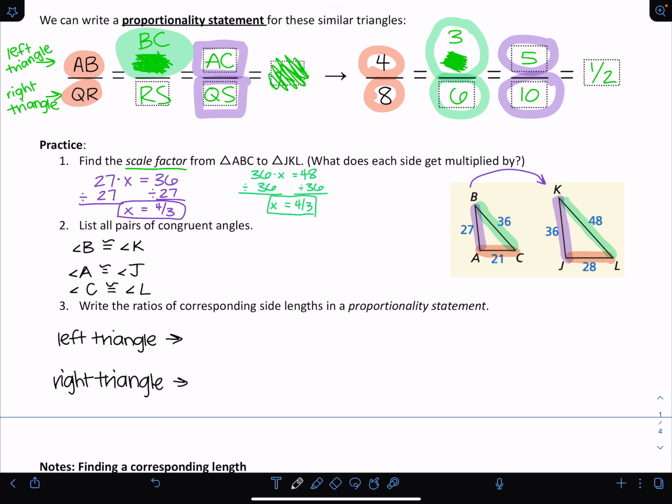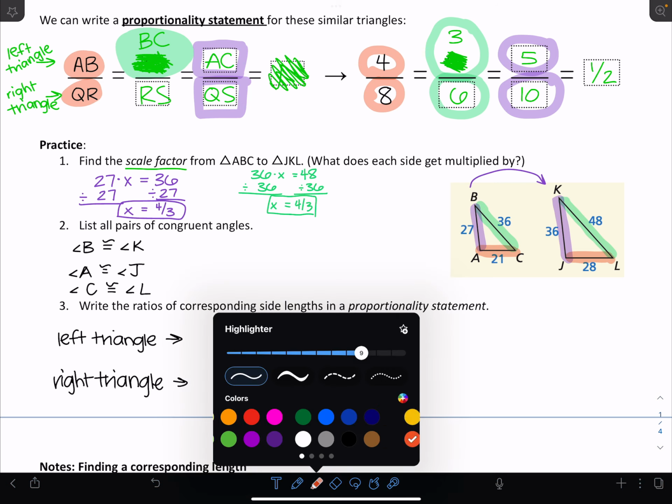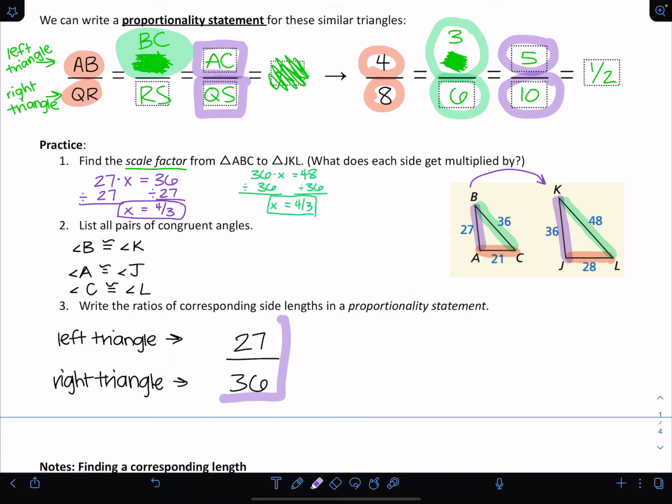So I'm going to write that down for myself just to make sure I don't confuse things. I'm going to start with the purple sides. So from the left triangle, we have 27 on top and 36 on bottom. That's equal to our green sides, which was 36 on the left triangle and 48 on the right triangle.